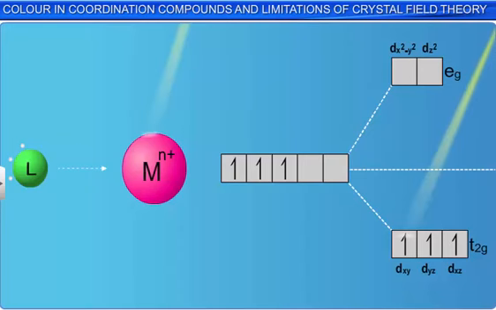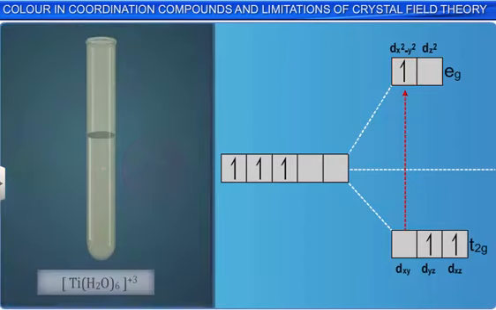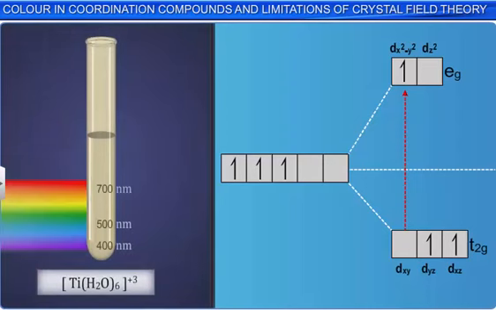White light minus the absorbed color becomes the color of the complex. Thus, the color of coordination compounds arises from the electron transition between the split d orbital energy levels.